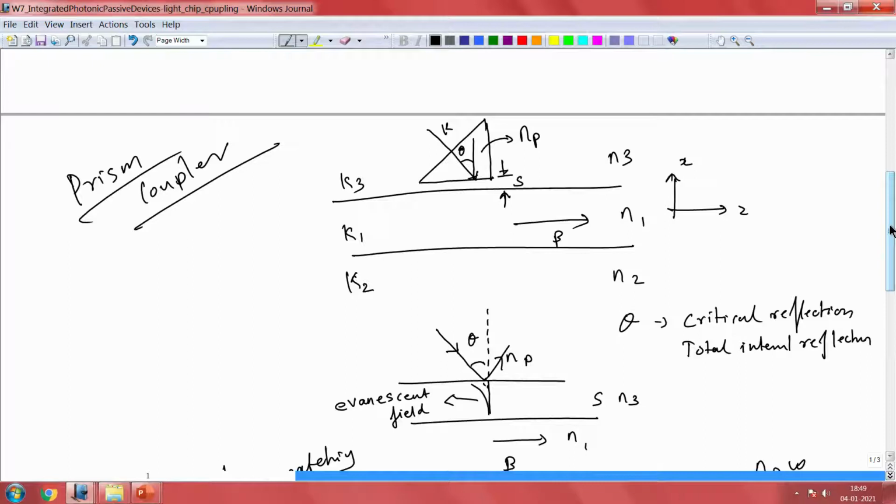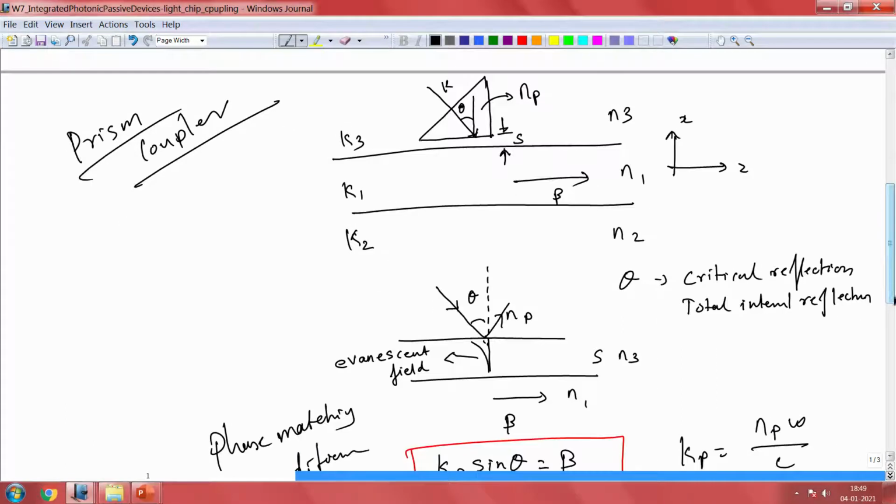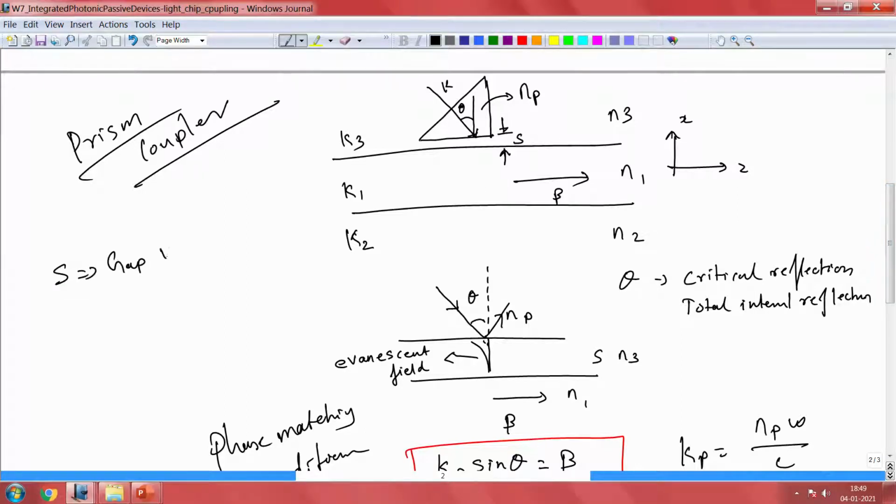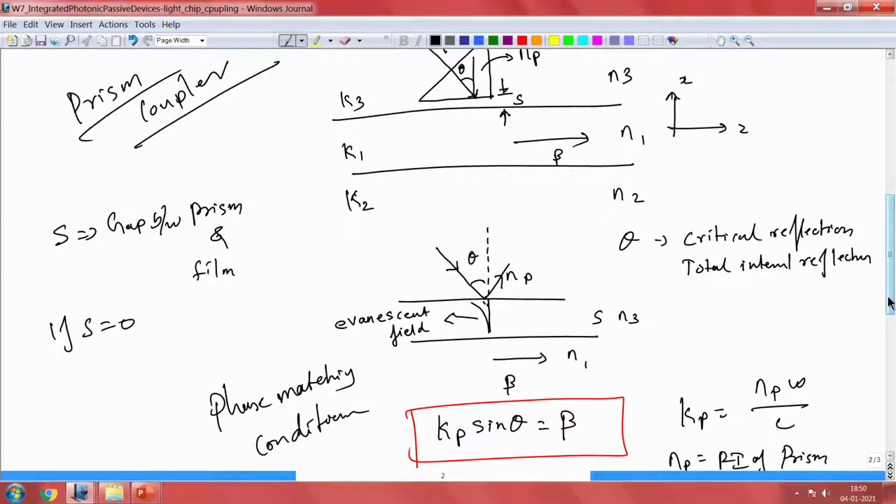You can just put a prism close to this, but it should have a gap there. If there is no gap, you will not be able to create that evanescent field. So, S is the gap between prism and film. If S equals 0, then you will not have the evanescent field.